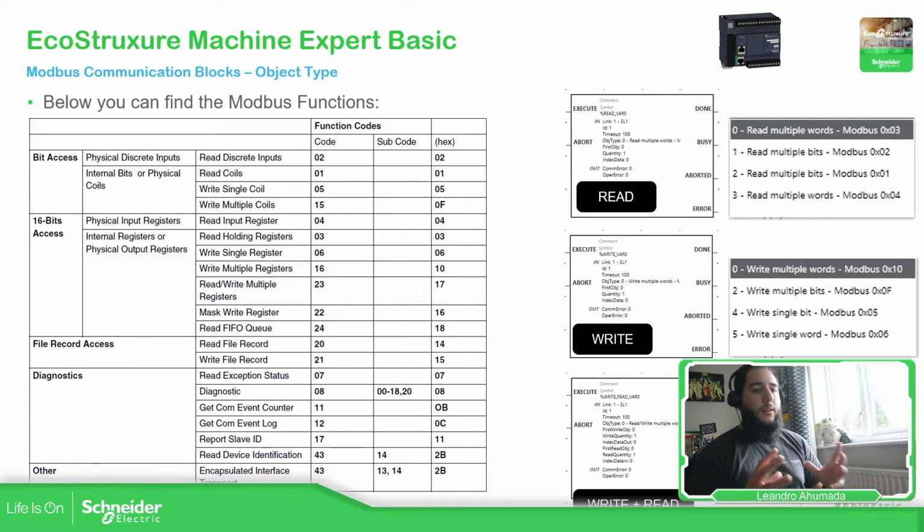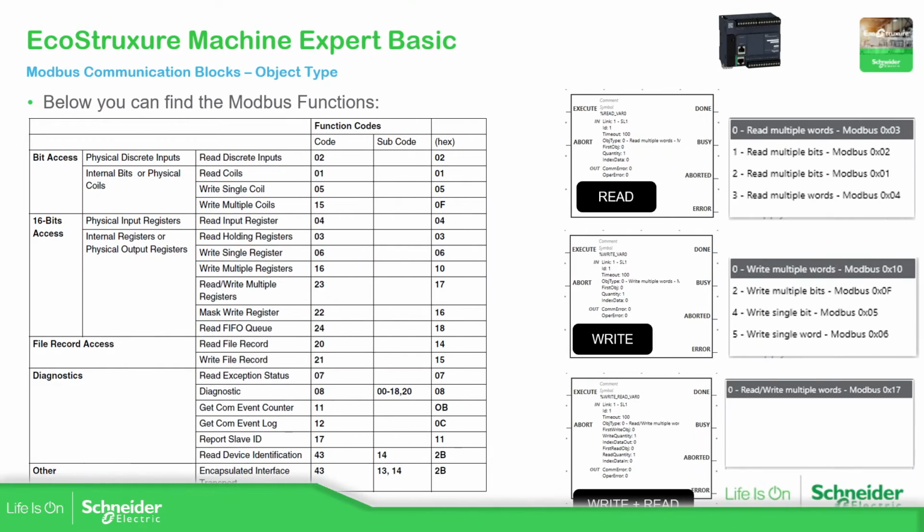It's important that once you define if you want to read or write information, you need to specify which function you want to use. For write, you also have different function blocks that you can see here, with the numbers from the code.